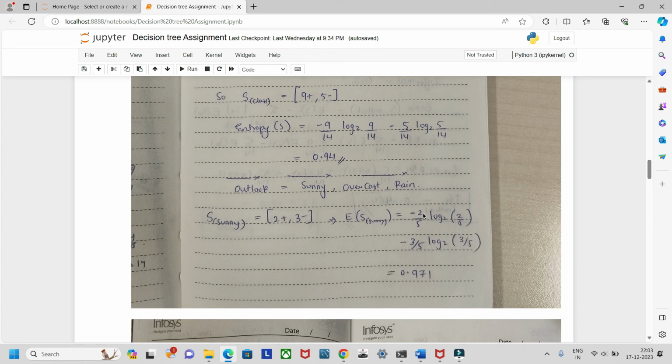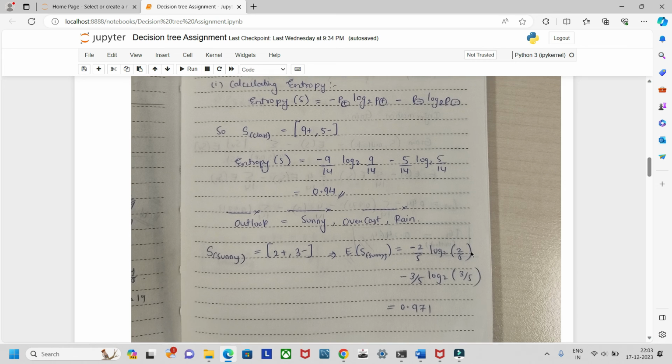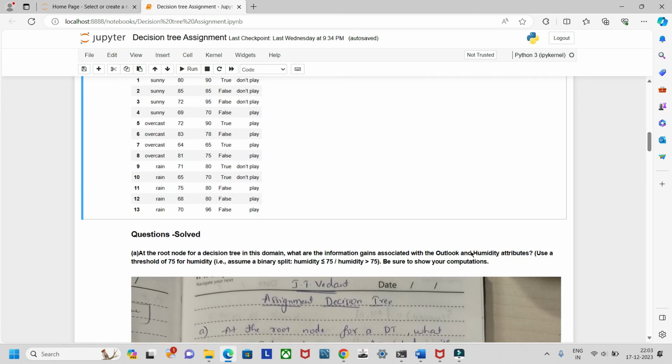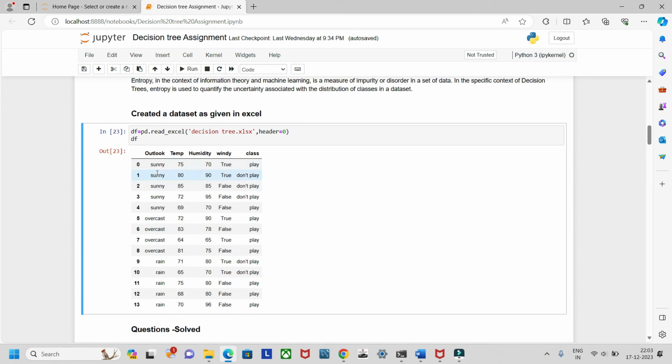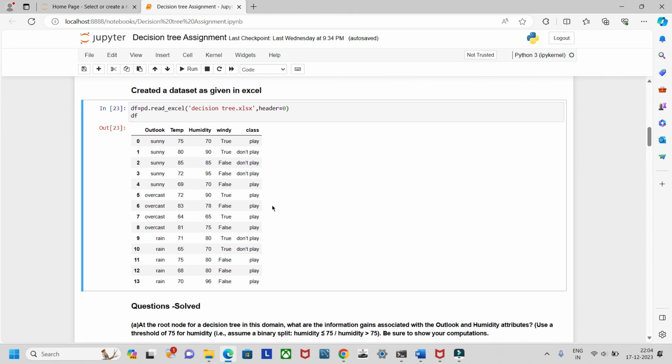Entropy of sunny is calculated as 2/5 log 2 of 2/5 and 3/5 log 2 of 3/5. Why 2/5 and 3/5? Because there are 5 sunny cases in total, so the denominator is 5, and in the numerator, 2 times sunny is positive and 3 times it is negative, that is don't play.